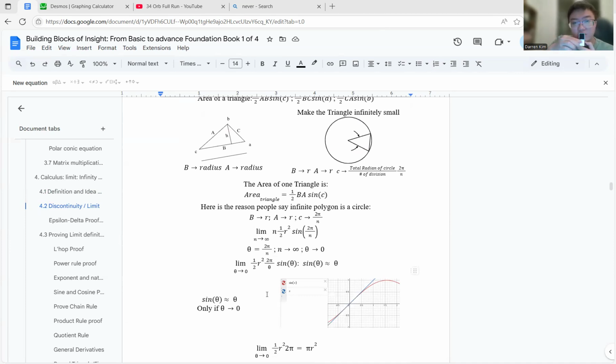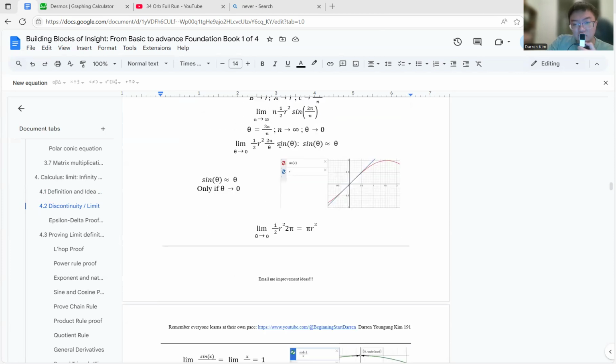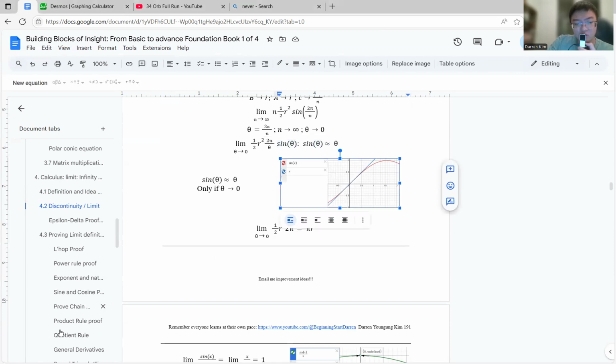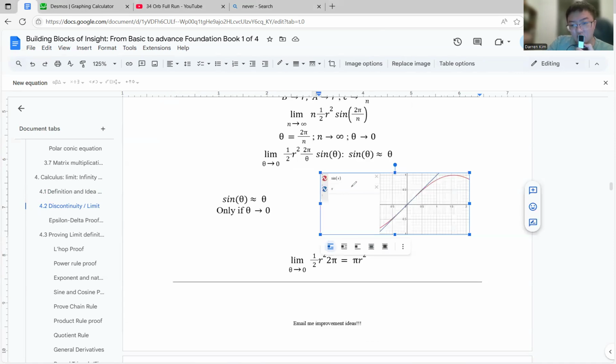Over here, as you can tell, oh, is it working? Yes, it is working. All right. So here, if you take a limit of this, you realize that sine theta needs to have this, and here I showcase it a little bit. I'm pretty sure if I zoom in over here, you can kind of see it, but if this is printed, it will be cleaner.